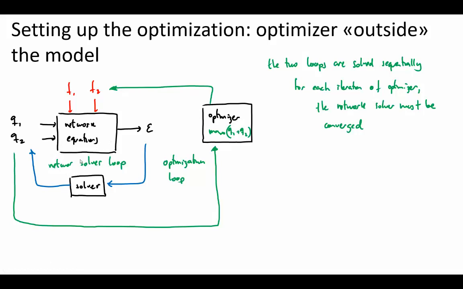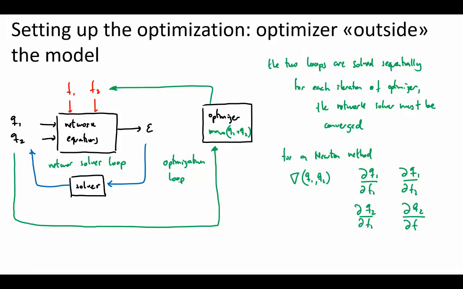So I can use any method, right? For example, if I use a Newton method, I need the gradient of Q1 and Q2. So I need the derivative of Q1 with respect to F1, the derivative of Q1 with respect to F2, the derivative of Q2 with respect to F1, and the derivative of Q2 with respect to F2.